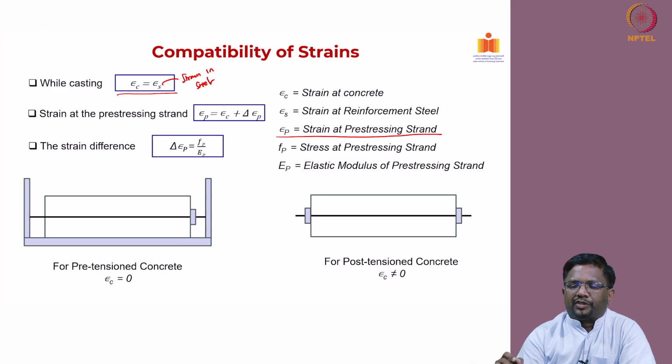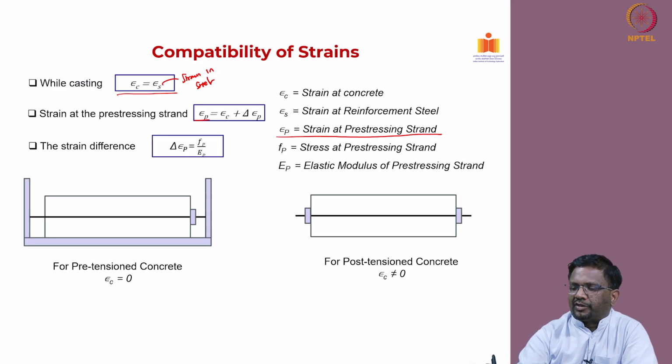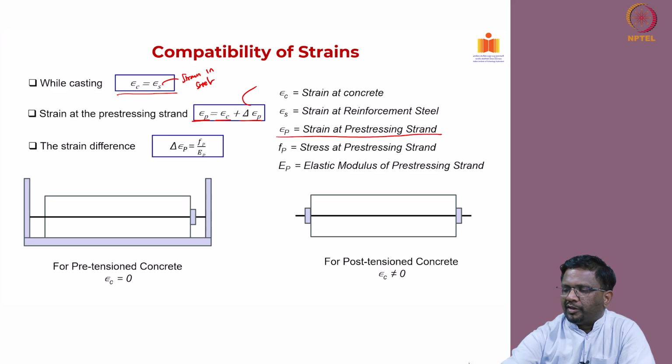Now, the strain in the prestressing strand is not going to be exactly the same. The prestressing steel strain epsilon p will always be equal to epsilon c plus delta epsilon p, which is nothing but the initial strain that we lock in due to prestressing.